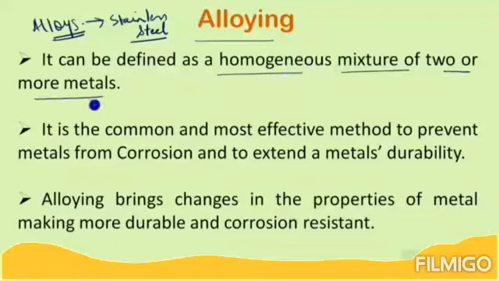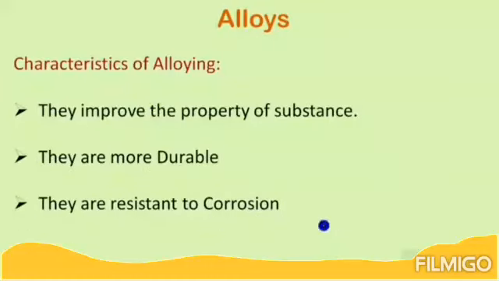It is a homogeneous mixture of two or more metals and sometimes a metal with a non-metal. It is the common and most effective method to prevent metals from corrosion and to extend a metal's durability. That means it extends the life of a metal. It brings changes in the properties of metal.